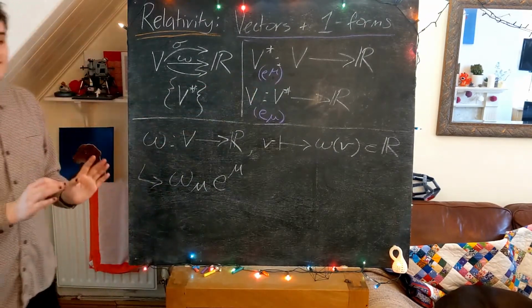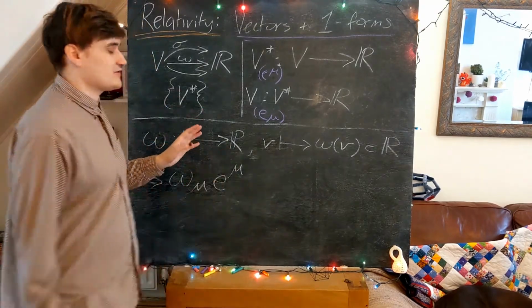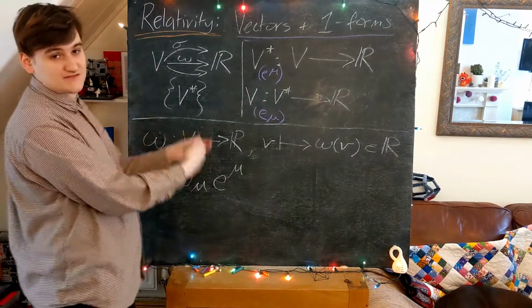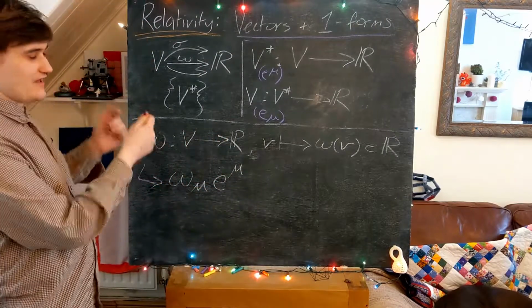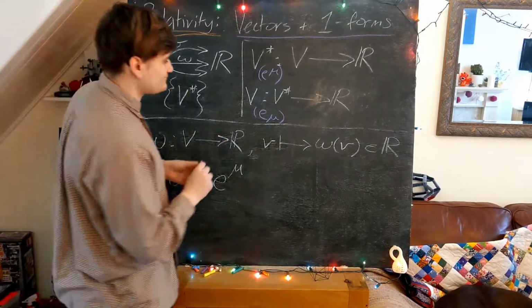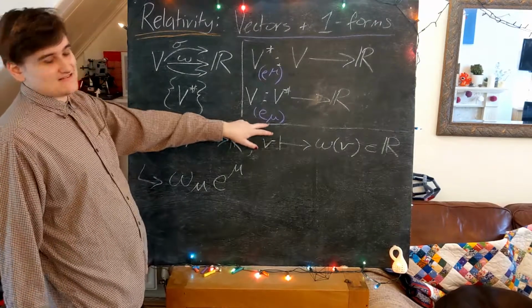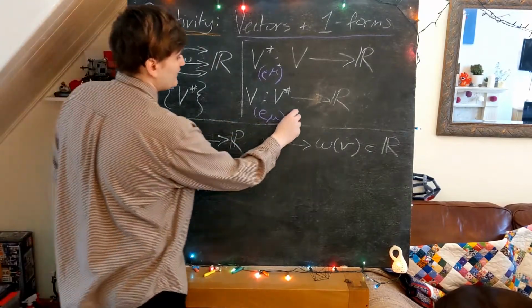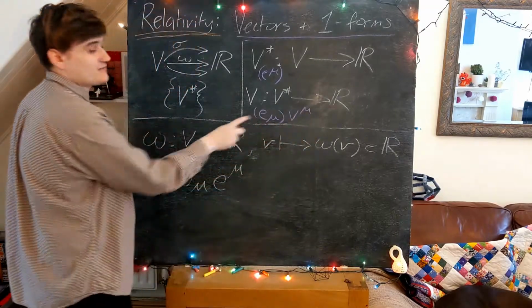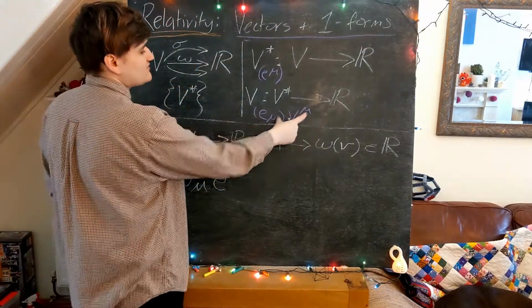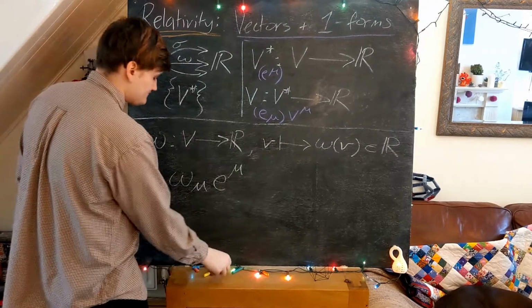This gets really confusing when you hear physicists talking about vector and dual vector indices, because what physicists are talking about are the indices on the components. If the basis has a lower index, we need an upper index on the components in order for the sum convention to work.